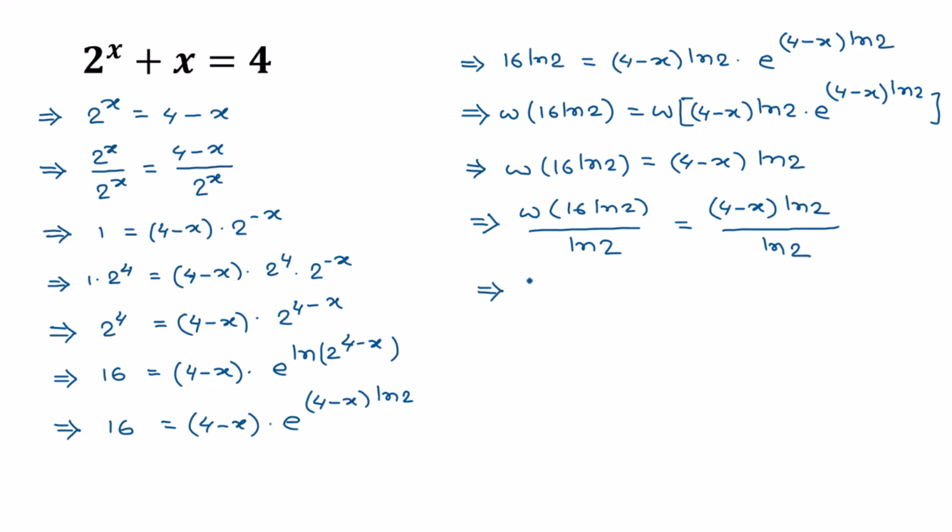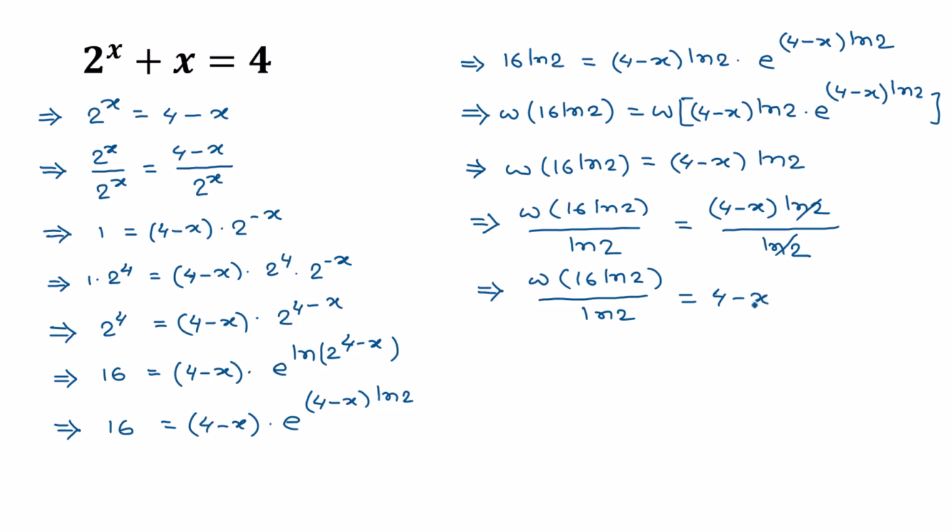So the left side is W of 16 ln of 2 total divided by ln of 2 is equal to, this ln of 2 will cancel from the right side and it will remain 4 minus x.